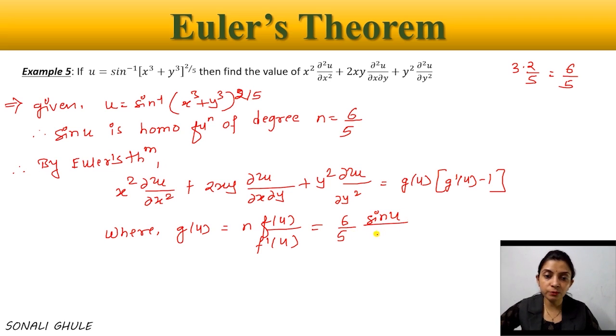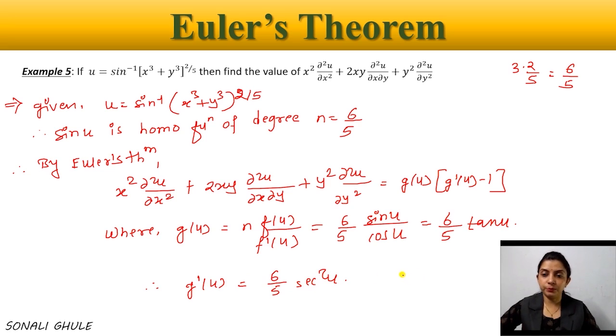And what is f dash of u? The derivative of sine u is cos u. So sine u upon cos u is tan u. So I can write 6 by 5 tan u. That is the value for g of u. Similarly, g dash of u is equal to 6 by 5 sec square u.